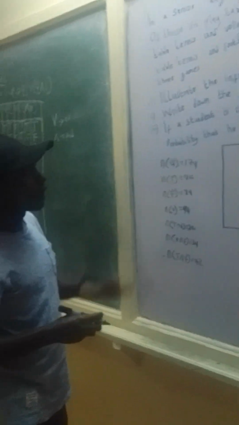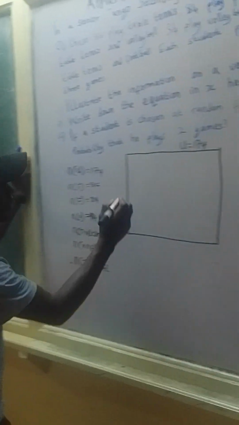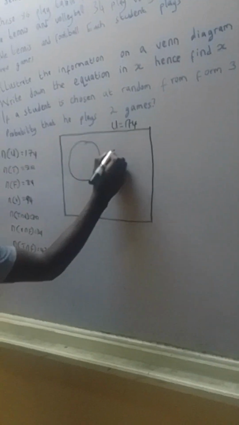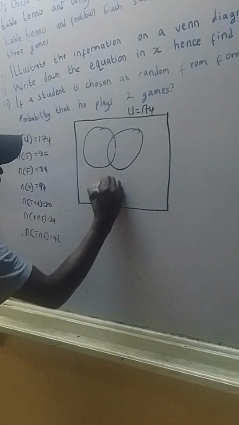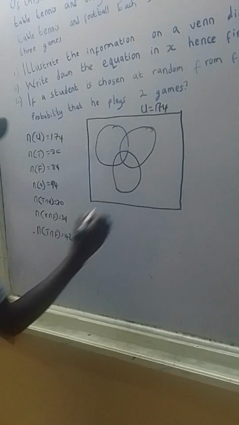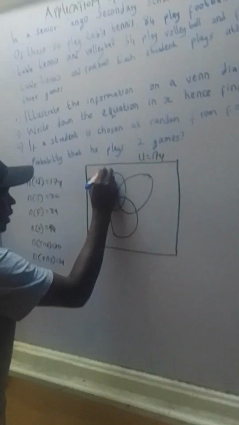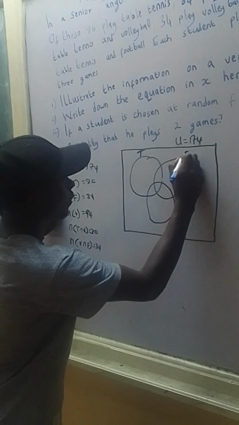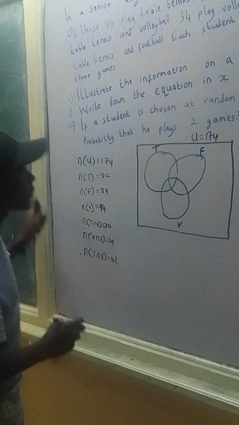So we have to draw a Venn diagram with 3 intersecting circles. We call this one T, table tennis. Then we have football, F, and lastly volleyball, which is D.